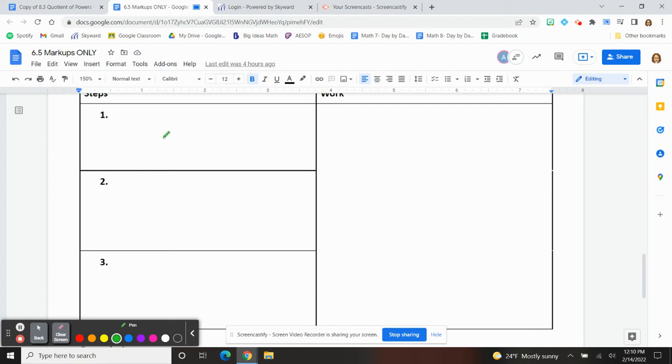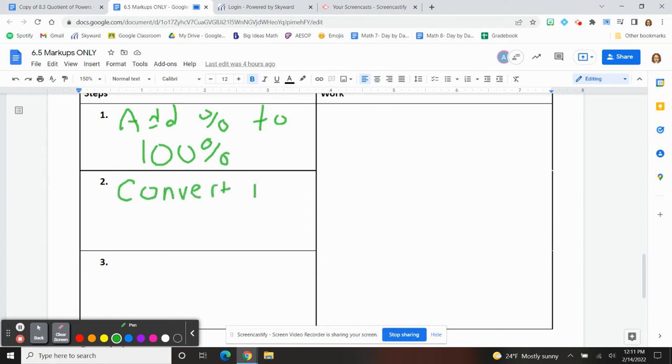Step 1, we add our percent to 100%. Once you do that, step 2, you convert your percent to a decimal.